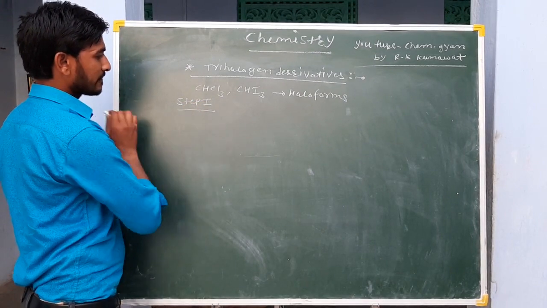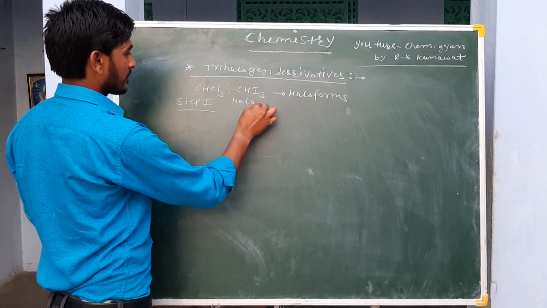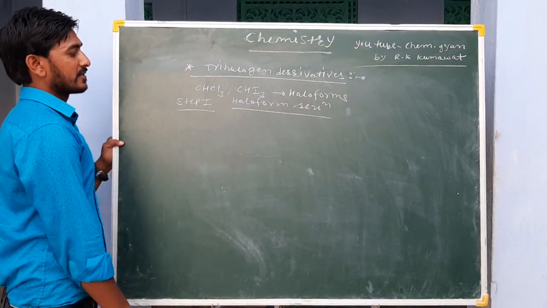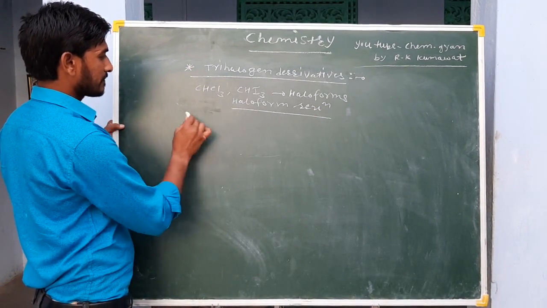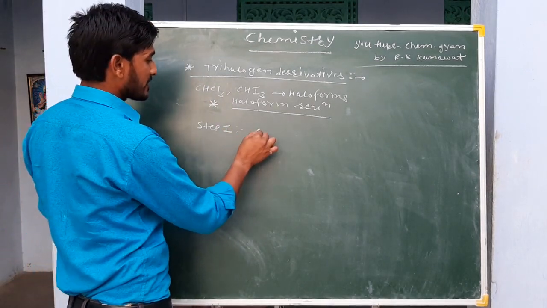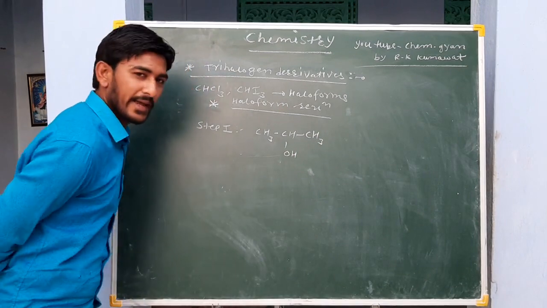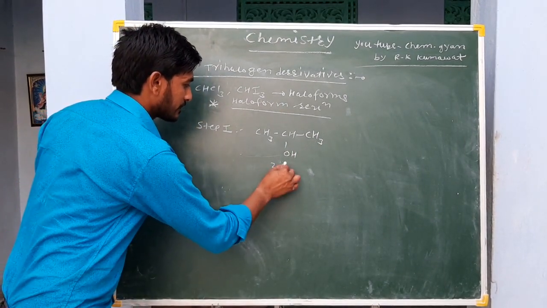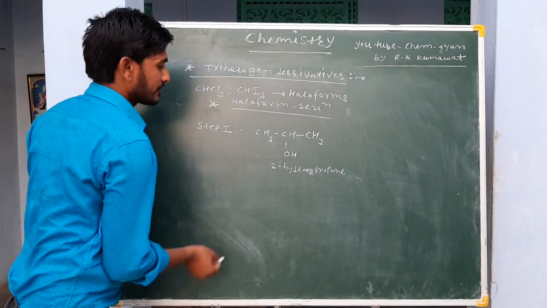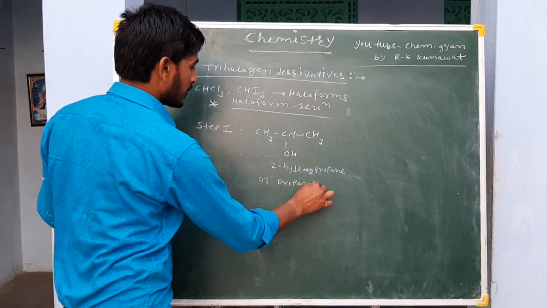First, in the haloform reaction, step first is: we use a secondary alcohol, 2-hydroxypropane or propan-2-ol.